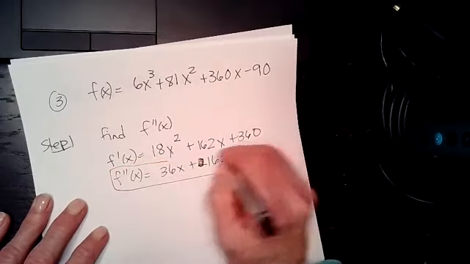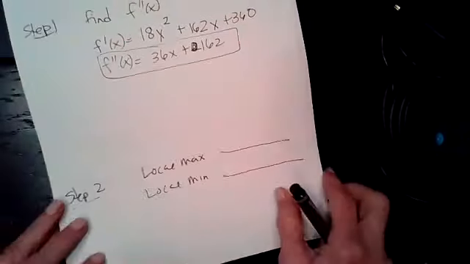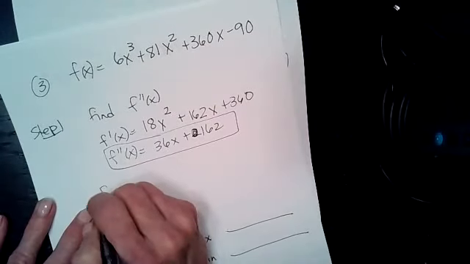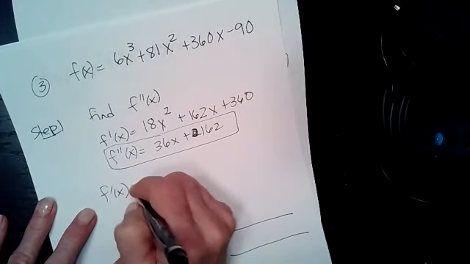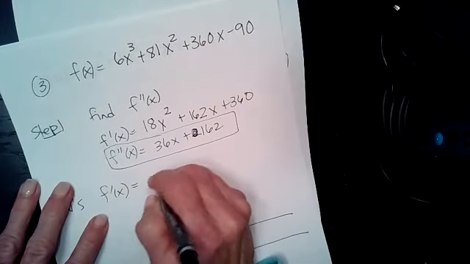So we put that in and they say, great job. And then they go, find the local max and local min. So I'm going to take my first derivative to find my critical values and set it equal to 0.